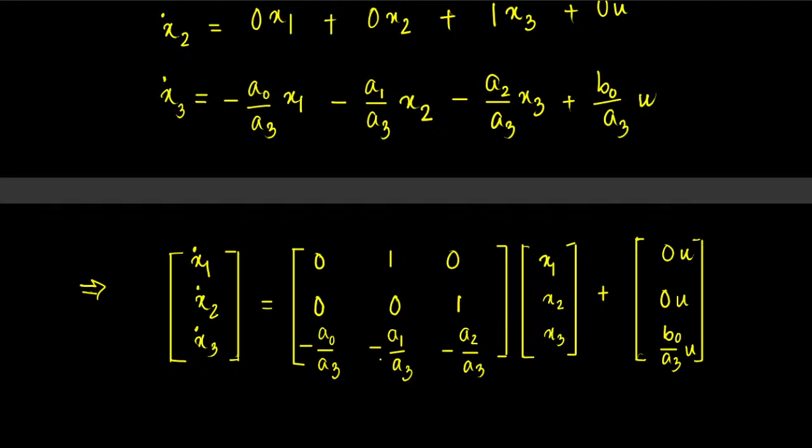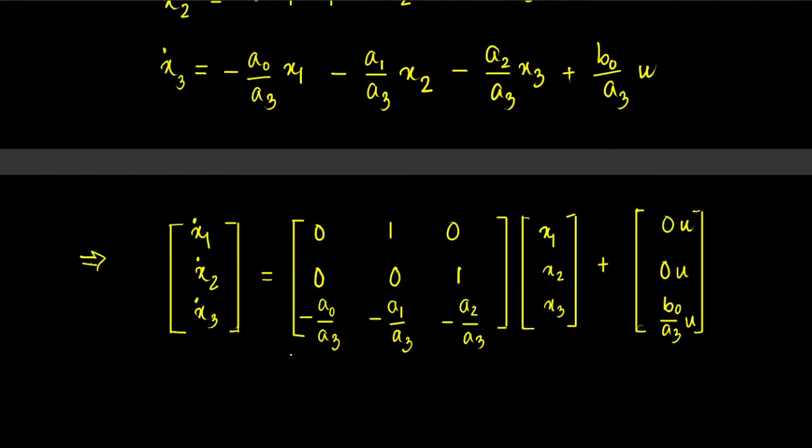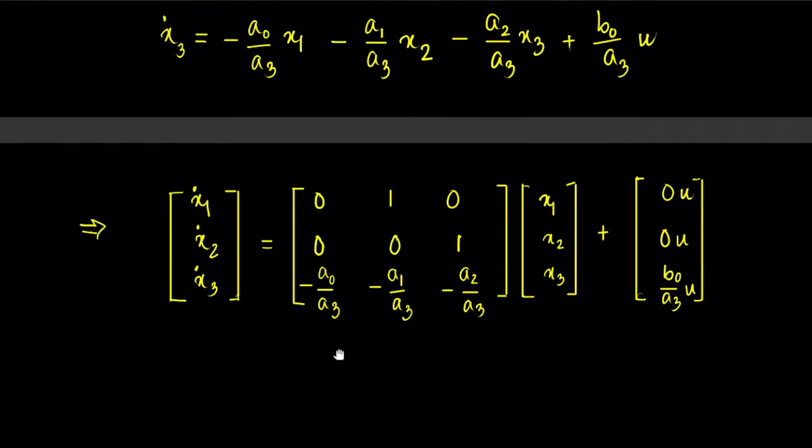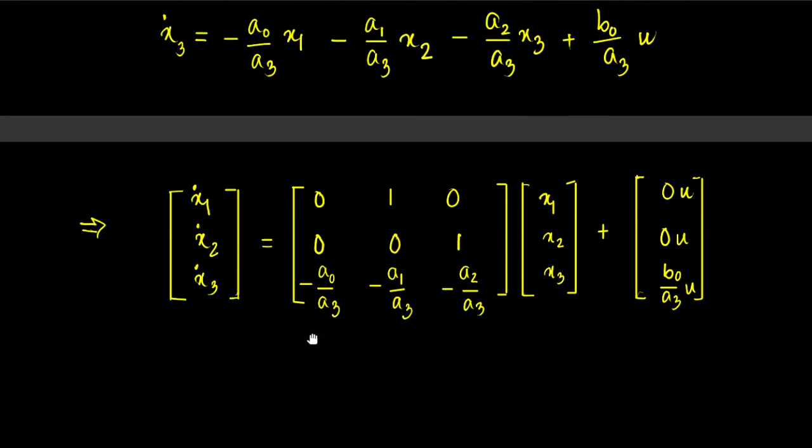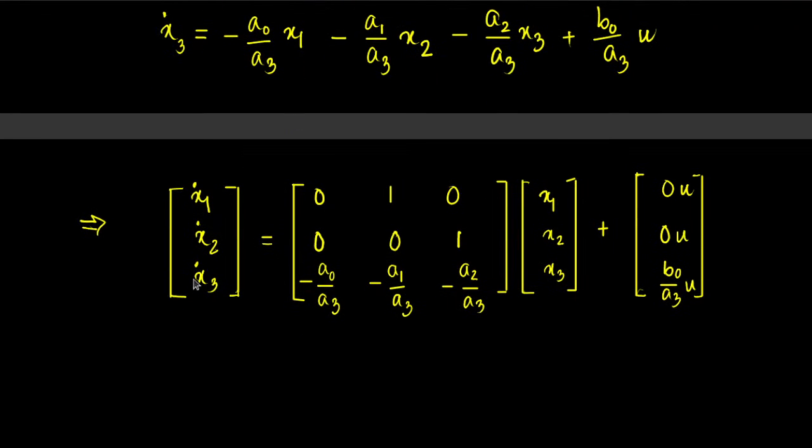So I would have minus a0, minus a1, minus a2, just like that. Of course, this actually means that x3 dot equals minus a0 by a3 times x1 minus a1 by a3 times x2 minus a2 by a3 times x3 plus b0 by a3 times u, right?